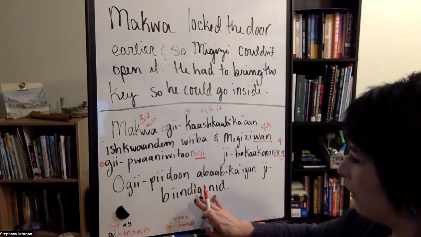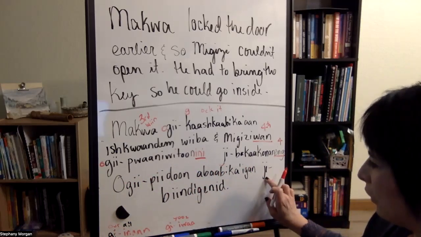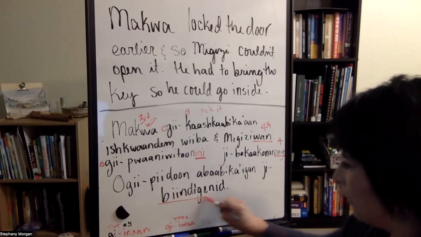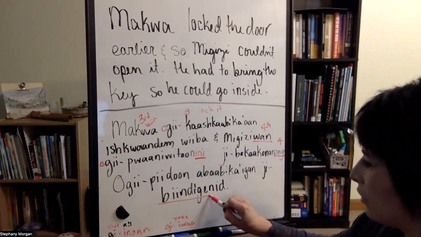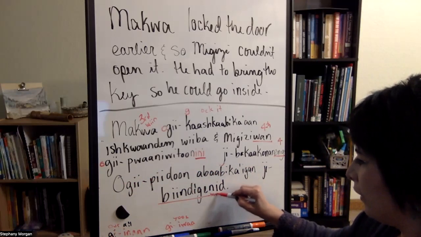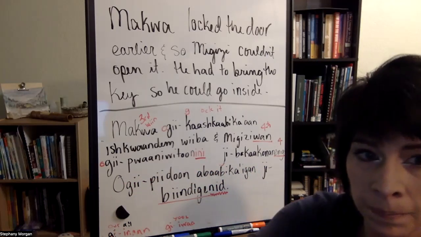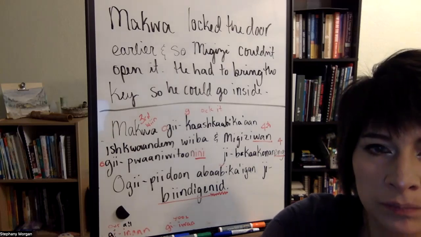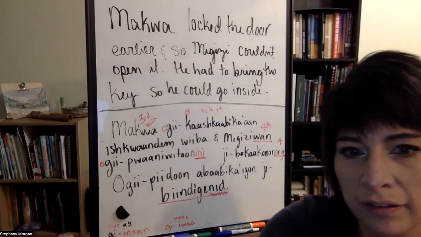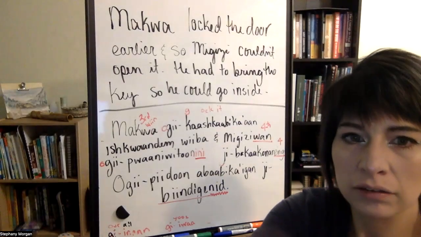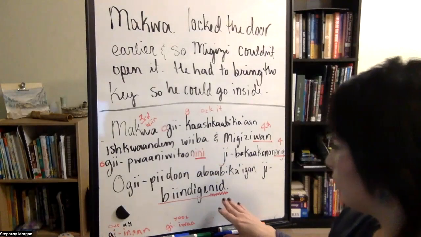Jit bindiganit, in order for him to enter. So bindige is the word he or she enters, and we have nid on the end. And this is our B form VAI obviative, and it's on your paradigms.